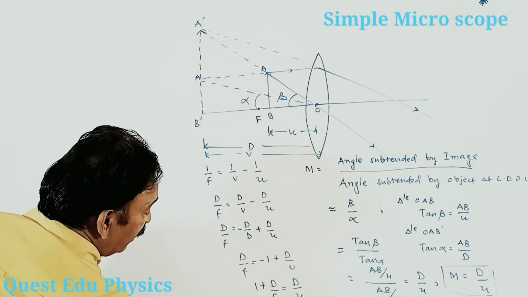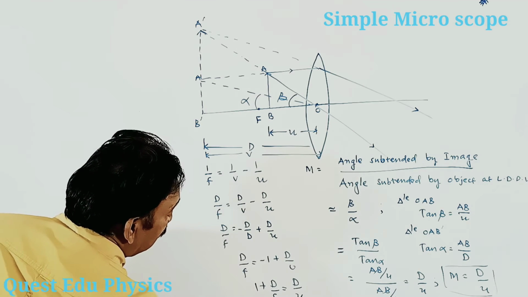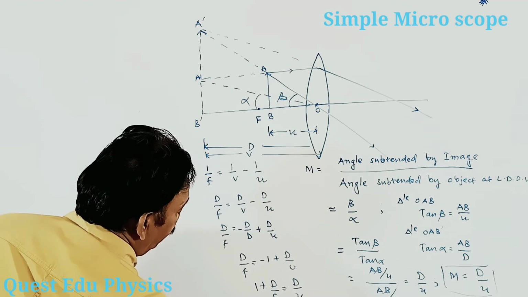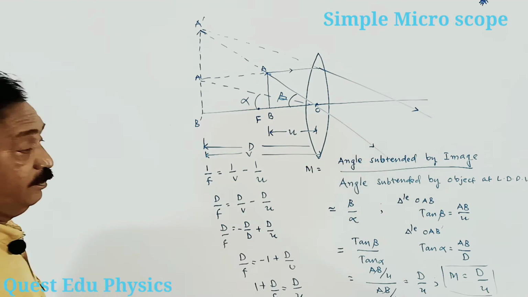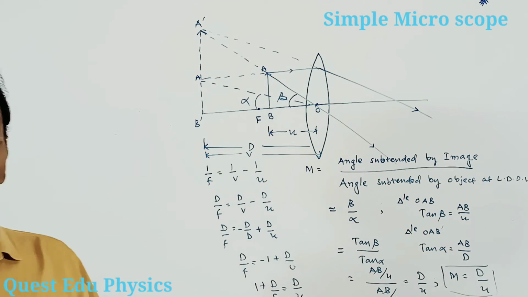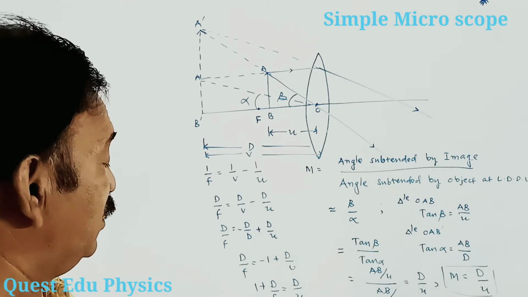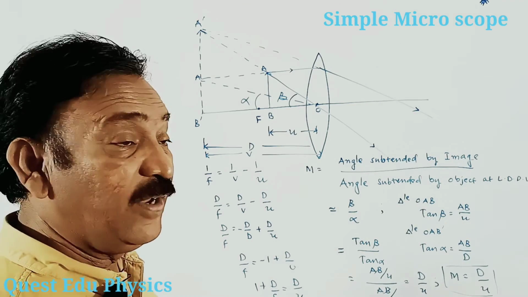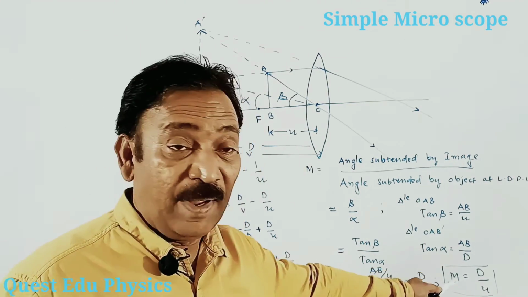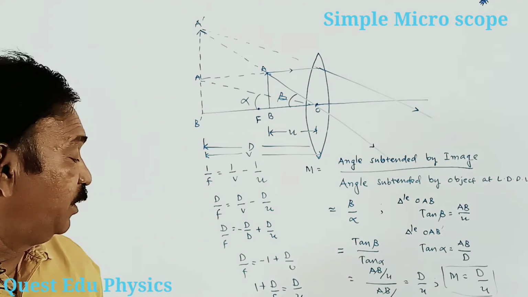Then M can be written as 1 plus D by F. These are the two formulas which can be used to find the magnification, students. That is magnification in terms of focal length, magnification in terms of least distance and object distance.